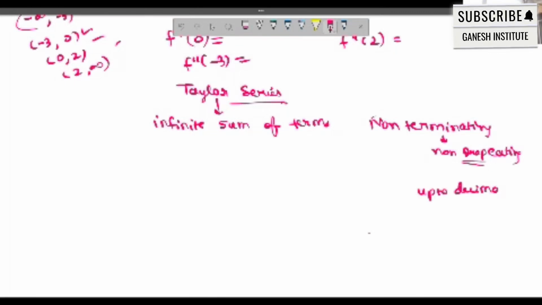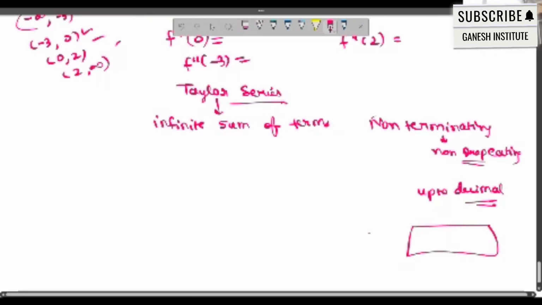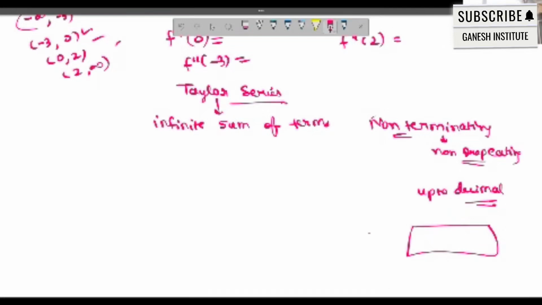If we constrain that, that is fine. But what will be if we keep on increasing the number of terms? It will get more precise, right?